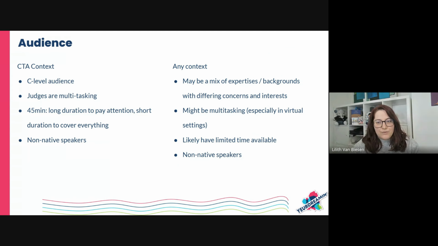And then likely, of course, they might also have limited time available, because if you are talking to decision makers, usually their agendas are quite packed. So again, make sure that the time that you have, you use it as wisely as you possibly can. And doing that really relies on good communication skills.